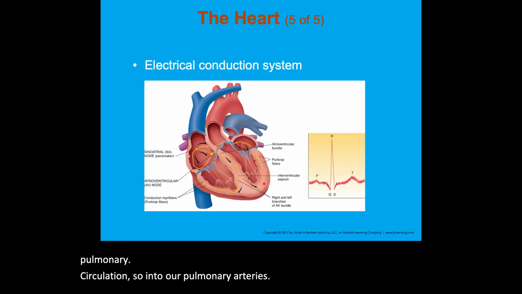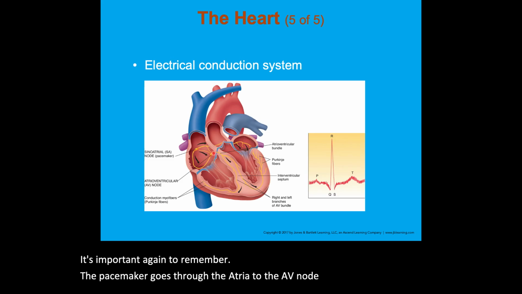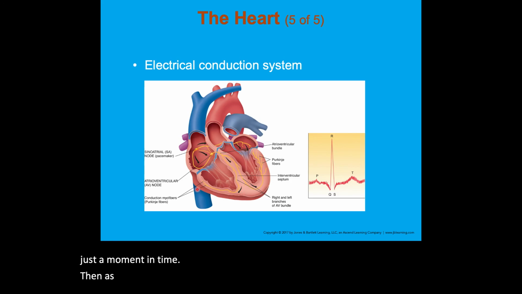Now, it's important, again, to remember that the pacemaker signal goes through the atria to the AV node, where it gets held up for just a moment in time. Then as it passes through, the ventricles contract. This allows these valves in the heart to close up.